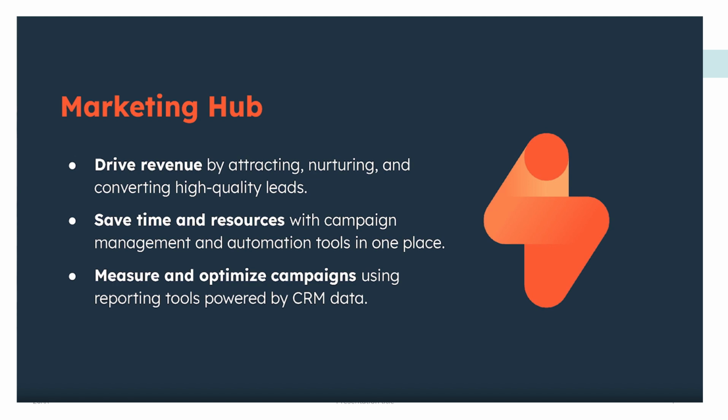How? By attracting, nurturing and converting high quality leads, and then saving time and resources with campaign management and automation tools in one place. The third is to measure and optimize campaigns using reporting tools powered by CRM data. CRM data means the data present in the HubSpot CRM.